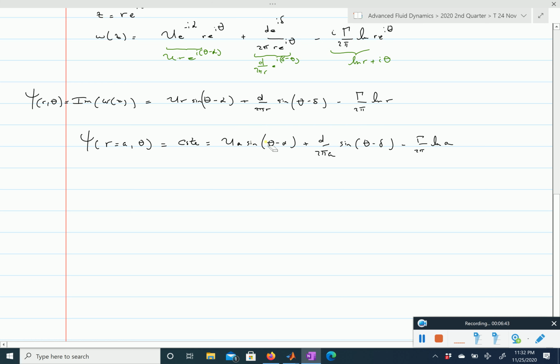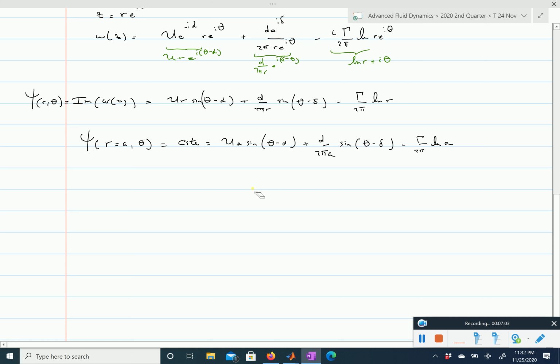But here you have two sine functions with in principle two different phases. You know that there is no way that this is always going to be a constant regardless of theta unless it is precisely the same sine function.